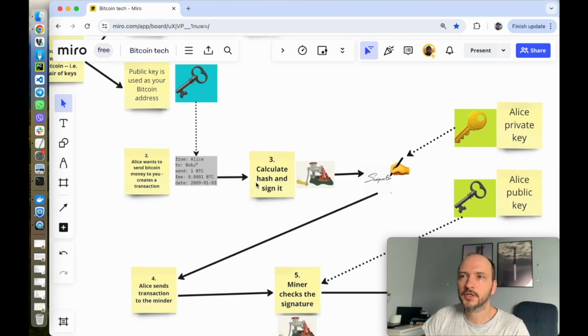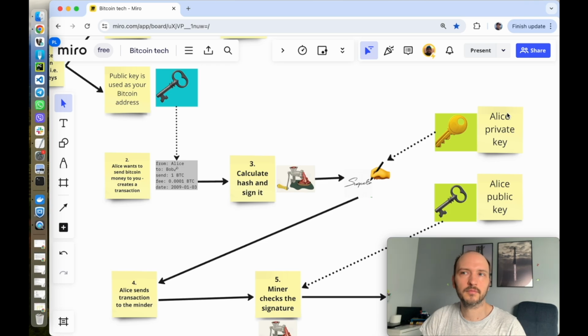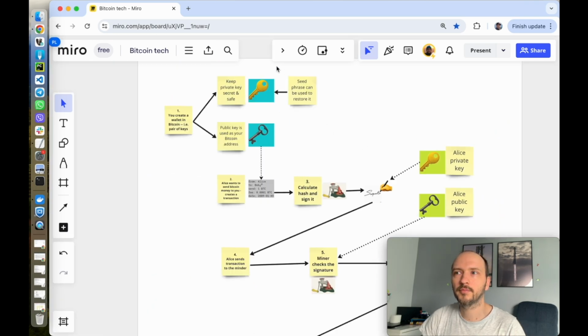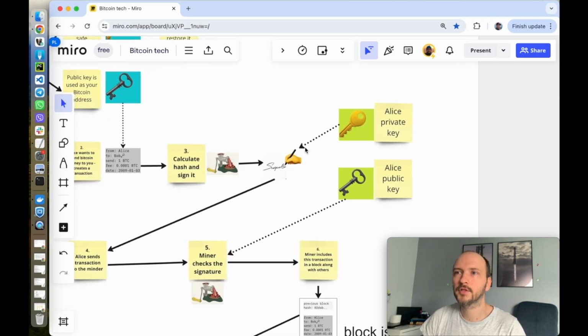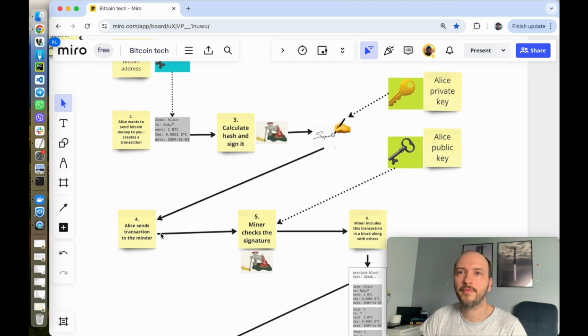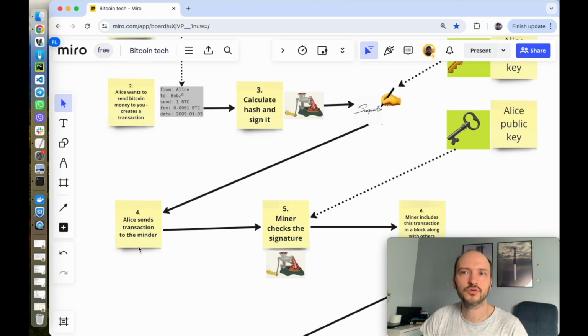Then her application calculates the hash of the transaction in the same way as we saw previously during signature creation. The hash is signed using Alice's private key. Here is your pair of keys, and here is Alice's pair of keys. So she uses her private key to sign the transaction, and then Alice sends the transaction to a miner.